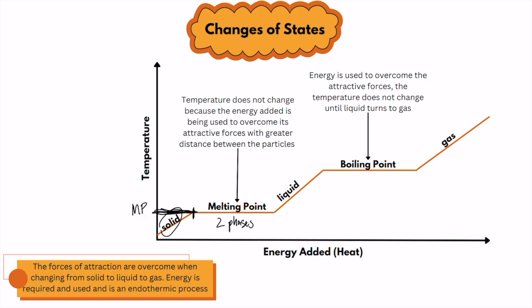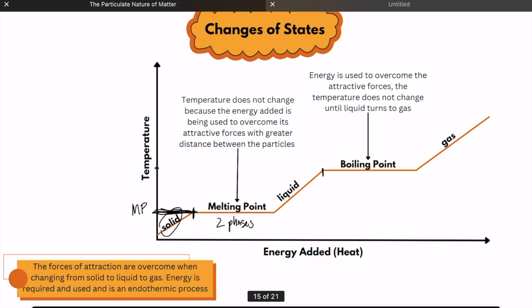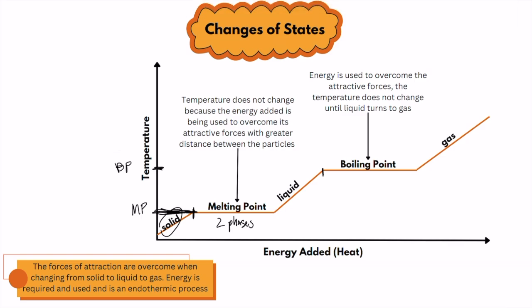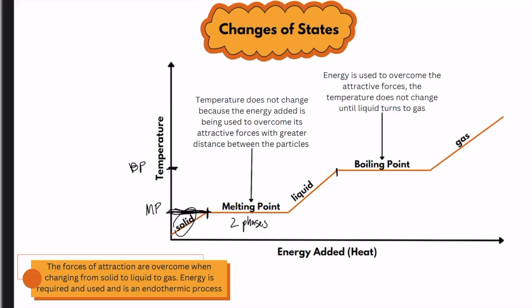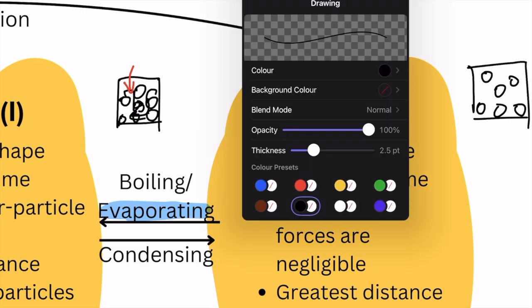Then you'll have a full liquid. Then temperature is increasing again. Then at this point, you have your boiling point. So like the melting point, it plateaus because the energy is again being used to sort of go over the interparticulate forces of the molecules.